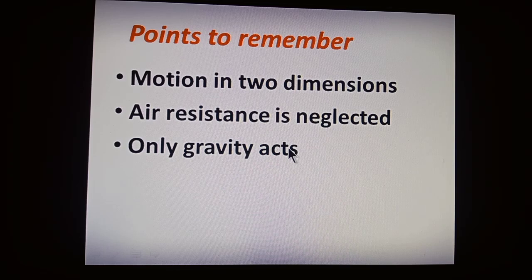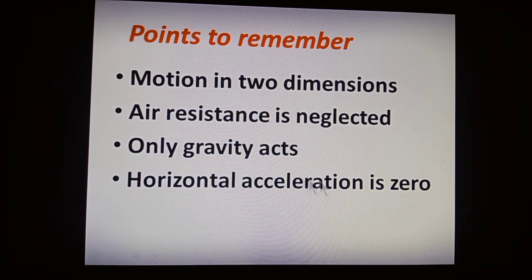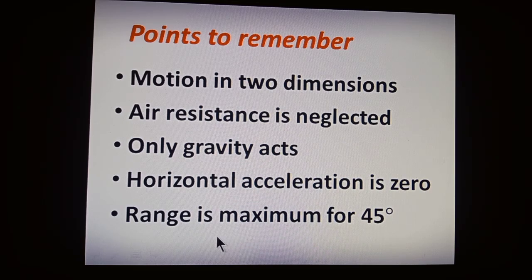Only gravity acts. That is the motion only under the action of gravity. Horizontal acceleration is 0 since there is no horizontal force acting on it. And finally, the range of the projectile is maximum for an angle of 45 degree for a given speed.